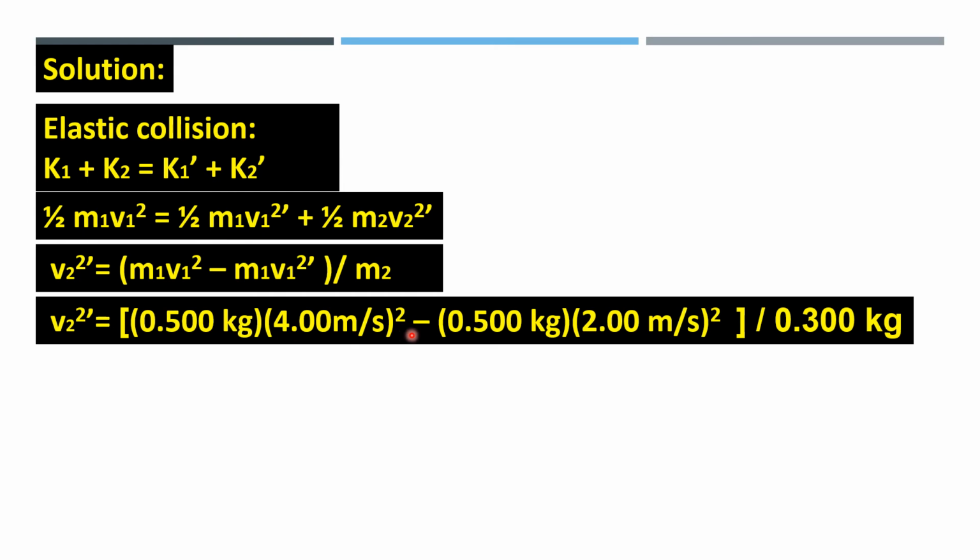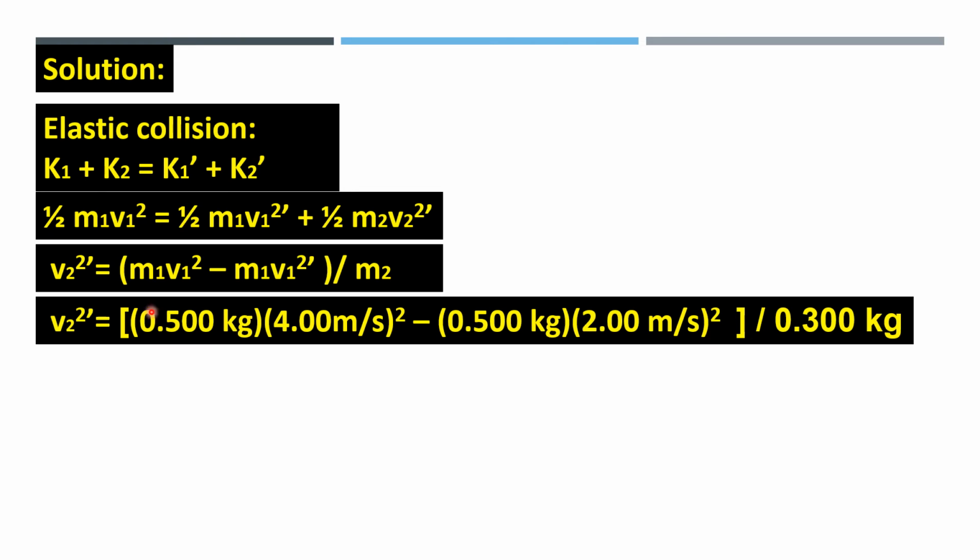Then minus, this term here refers to the kinetic energy of particle A after the collision. So that's the mass there. We have 0.5 kilogram, multiplied by the velocity of the particle after the collision, but you have to get the square of that.